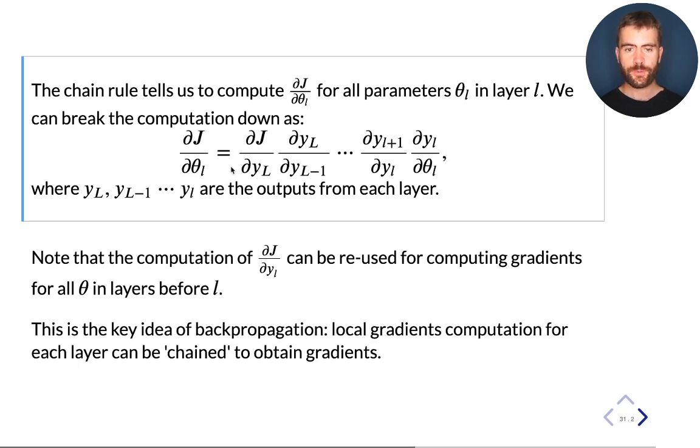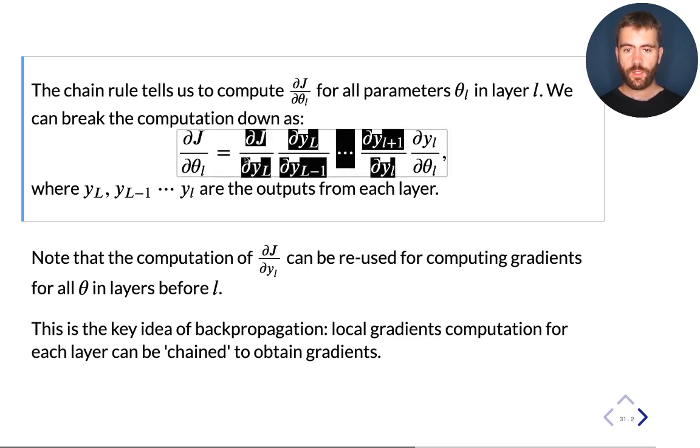So in other words, when we're computing this derivative with respect to some parameter theta L in the L-th layer, we will save all the gradients that are here and that come before this one.